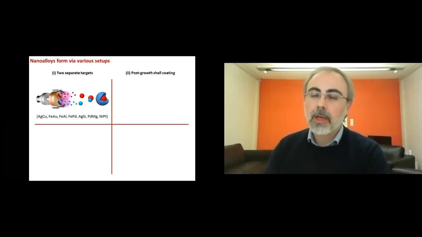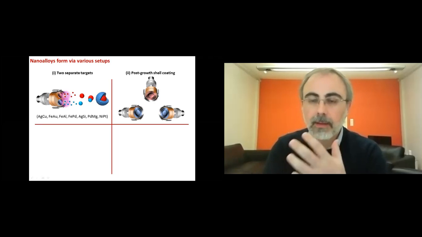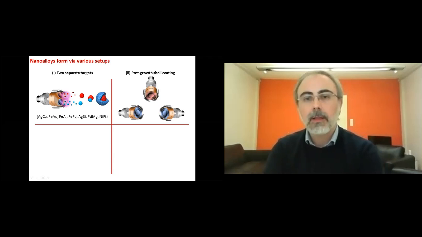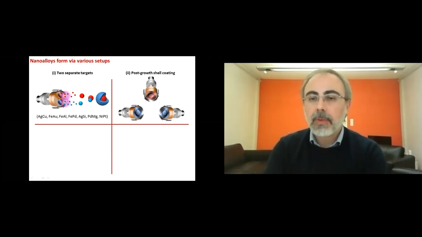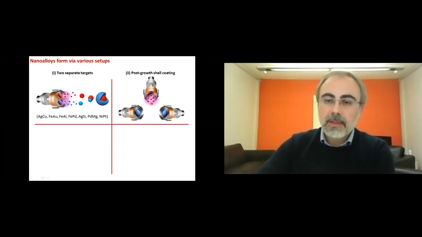Another setup is when you can use first one target to grow the initial core material, which will then be decorated by elements from the other material. So see, this is how it happens.